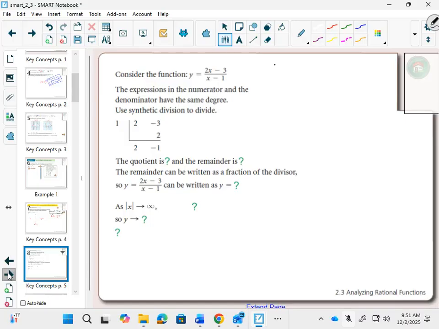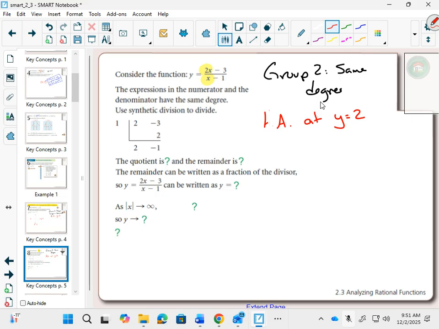Okay. Group 2. Group 2 is with the same degree. And in group 2, this is the simple way. This one, you can do it that quick. They go into a long division technique here, which is a nice explanation.